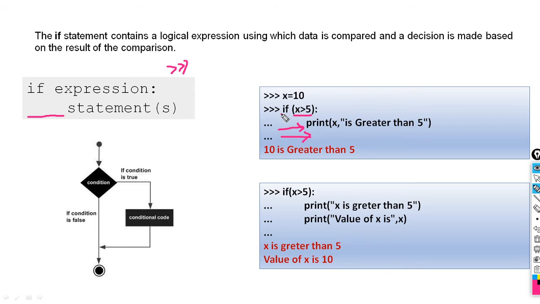The if starts from this position, so you should use a tab space character to write the statements. Use the tab key, then print x, use the tab key again, then write another statement. The statements you want to execute when the if expression remains true should be taken inside the if, by using tab spaces.